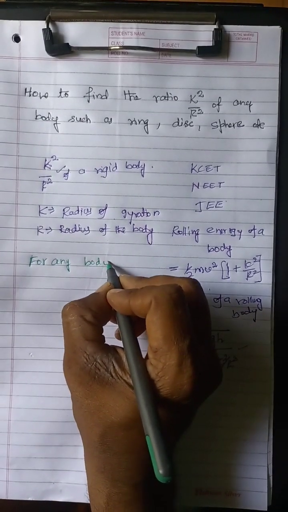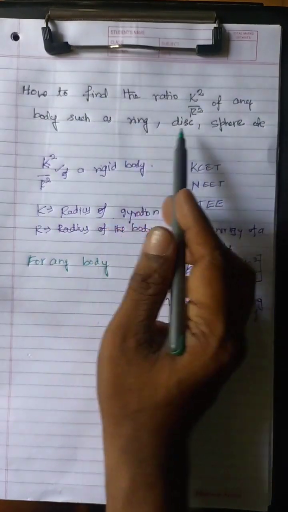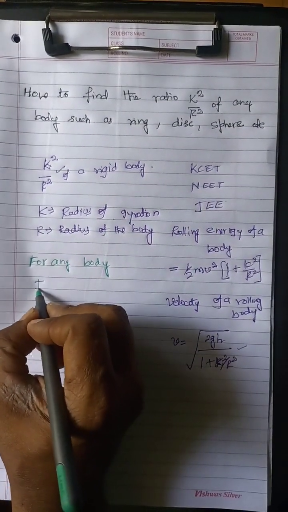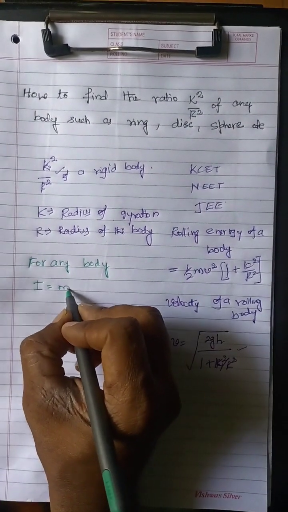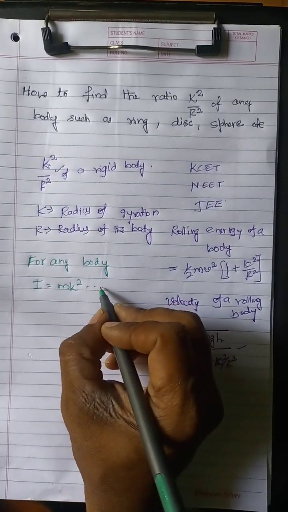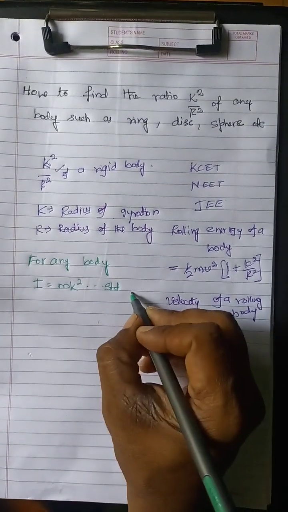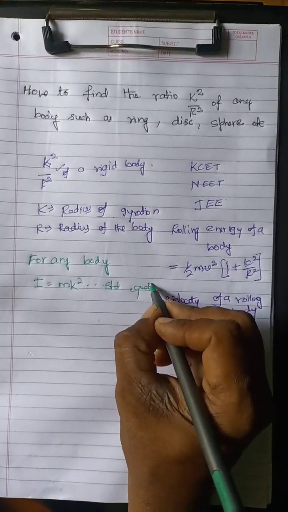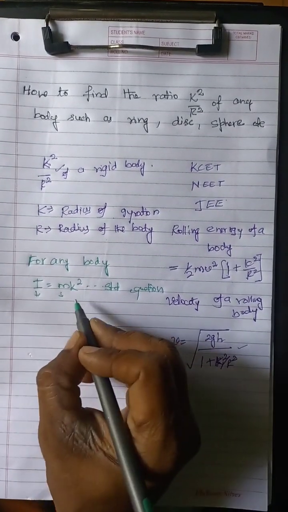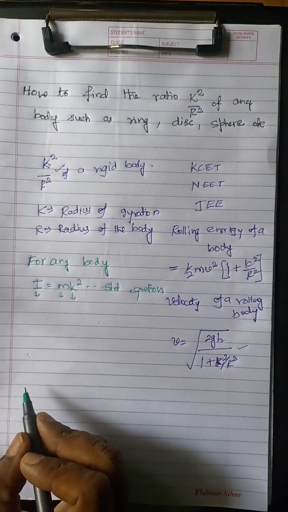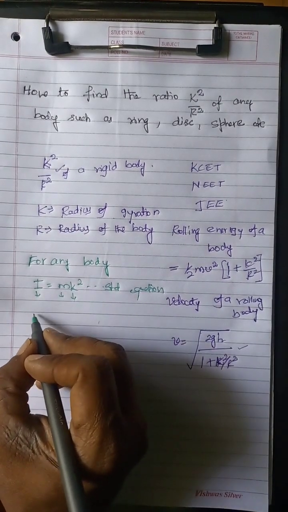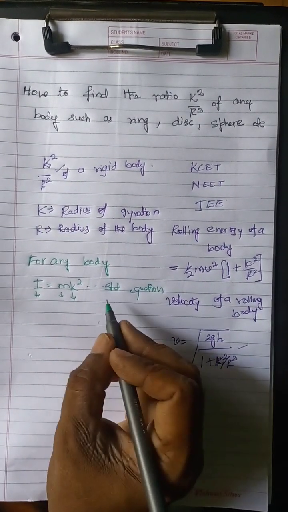In order to find the value of k square by r square for any body or geometry, whether ring or disc or sphere, I is equal to mk square is the standard equation for any body, where I is the moment of inertia, m is the mass of the body, and k is the radius of gyration. Now compare that equation with the moment of inertia of different bodies.